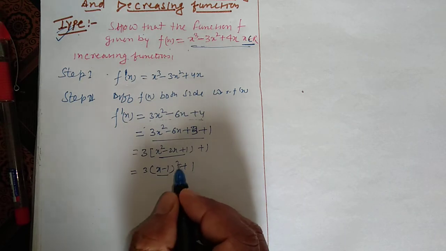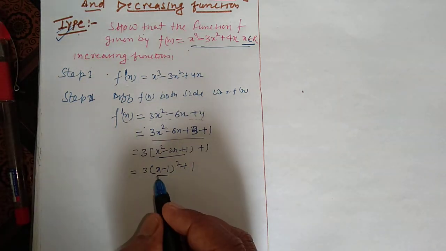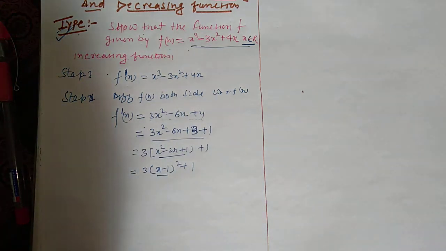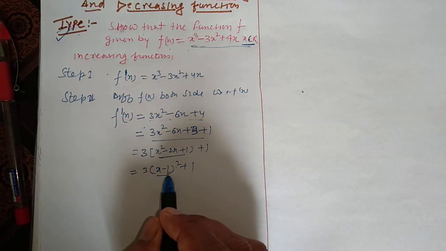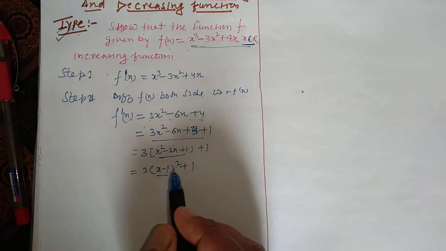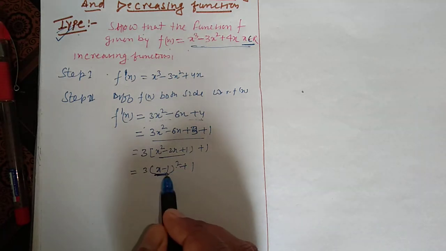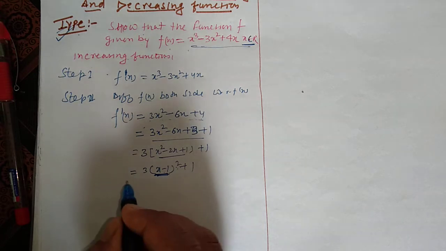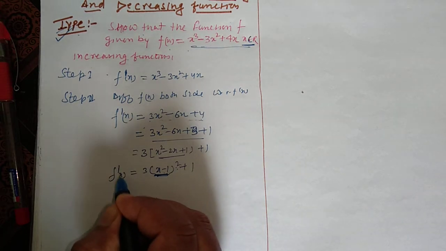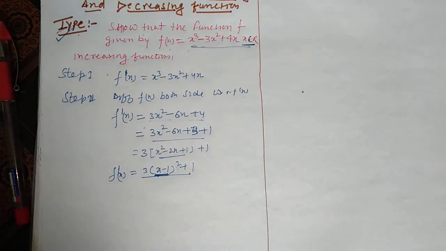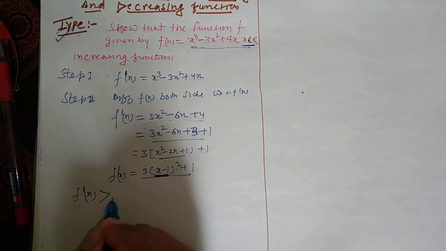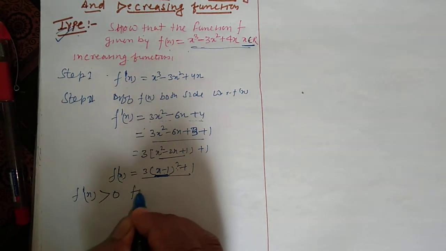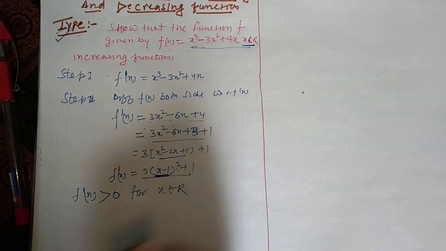Now for every value of x we will always get a positive number because x minus 1 is a whole square. So f dash x is always positive for x belonging to real numbers.